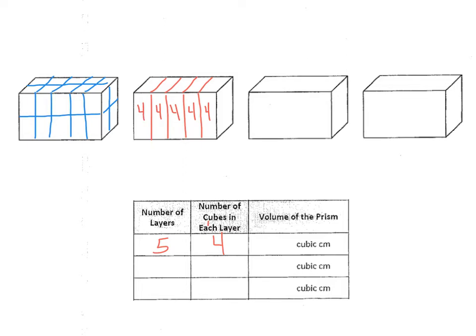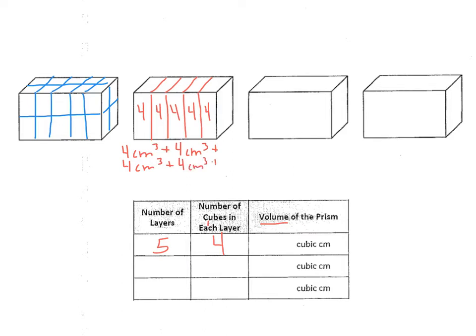So to find out my volume of the prism, I have to count my cubes. So I know I have 4 cubic centimeters plus 4 cubic centimeters plus 4 cubic centimeters. So that's 3 layers plus 4 cubic centimeters.